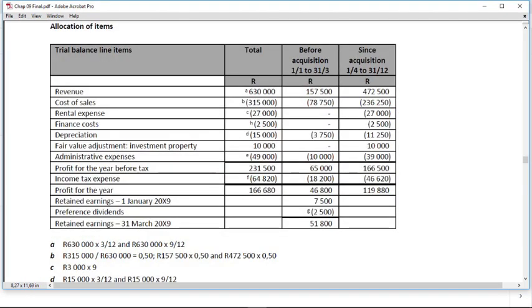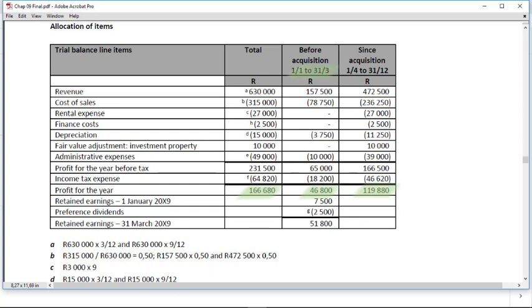Now that you've split the total profit of the subsidiary for the year into a before acquisition date profit and a since acquisition date profit, you are able to use the other information in the example to calculate the retained earnings of S at acquisition date. That 46,800 represents the first 3 months profit of the subsidiary, 1 January to 31 March.